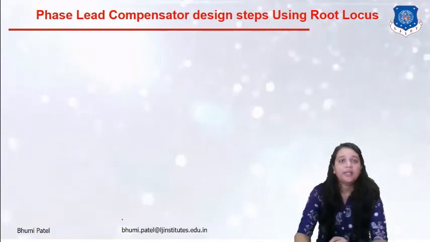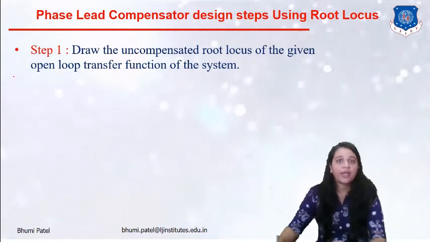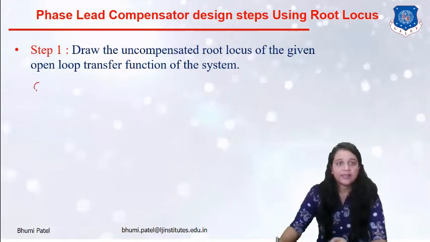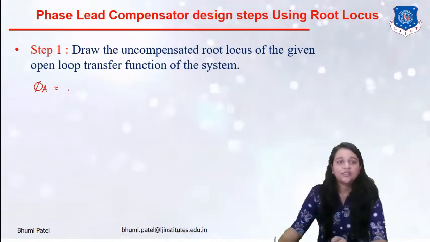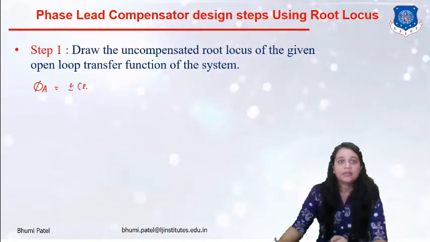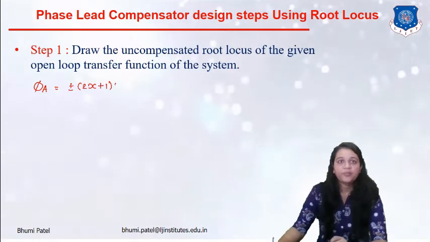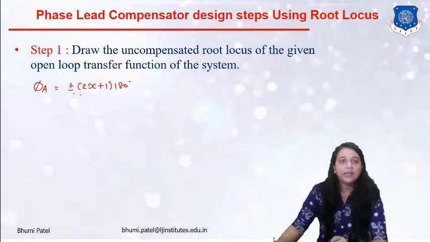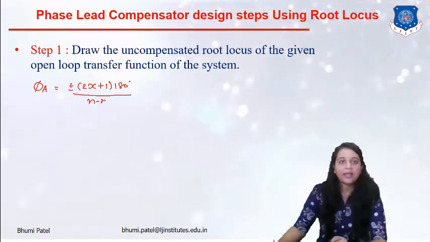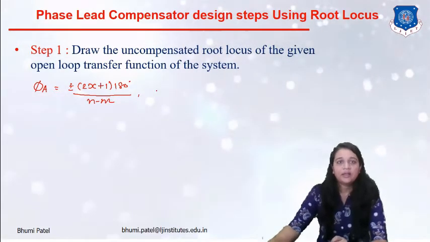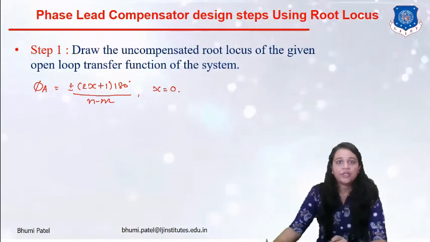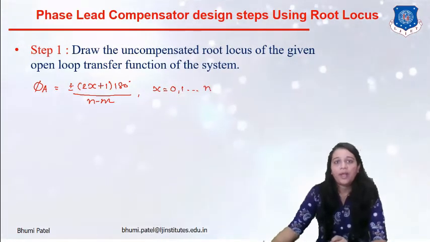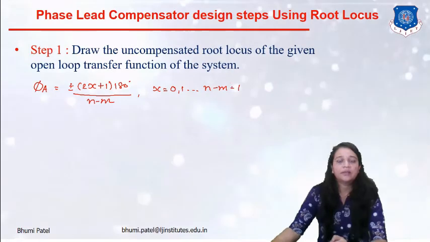Now the next step is to find the angle of asymptote. The equation of the angle of asymptote is plus or minus (2x + 1) times 180 degrees divided by n minus m, where x varies from 0, 1 up to n minus m minus 1.